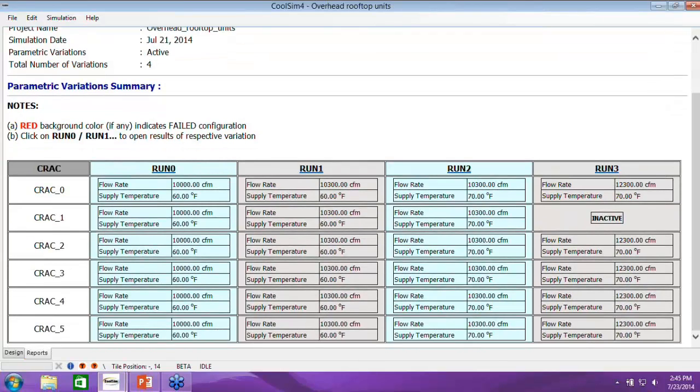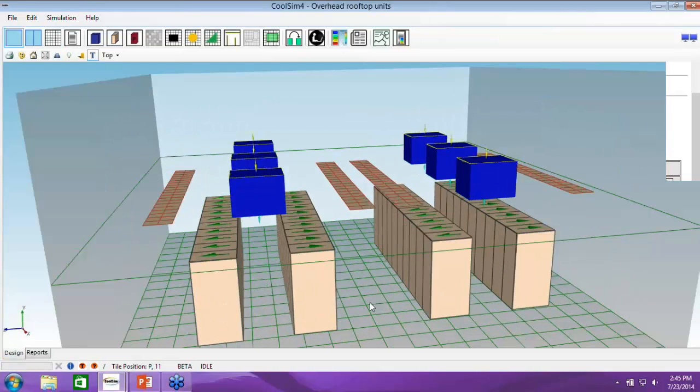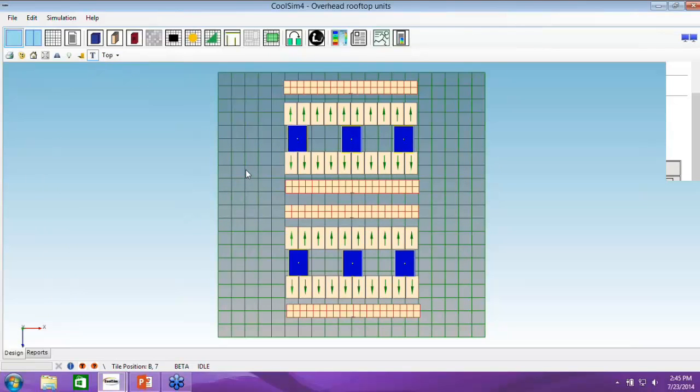Hey Paul, maybe it's worthwhile to point out, if you could go back to that last view, if you look at how symmetrical this space is, the cool supply air is coming down into the cold aisles, and the return air goes up right on top of the hot aisles. It's a very symmetrical space. And also note that the space itself doesn't have any dividing walls or drop ceilings. It's really an open space.